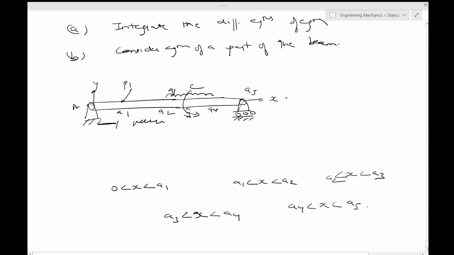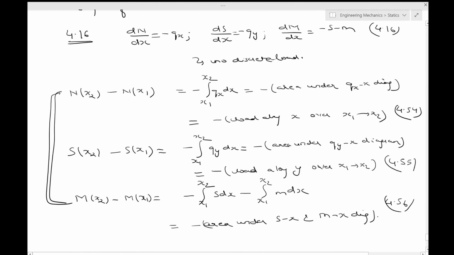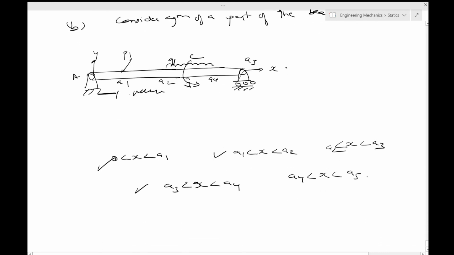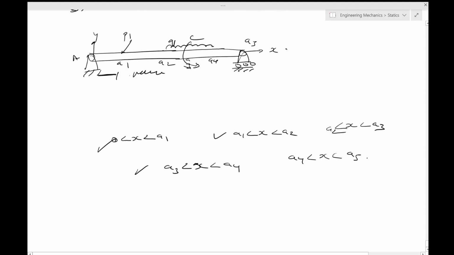For each part you will apply equations 4.45 to 4.46, and then you should be able to do the free body diagram, apply those equations, and eventually plot the bending moment or shear force diagram.